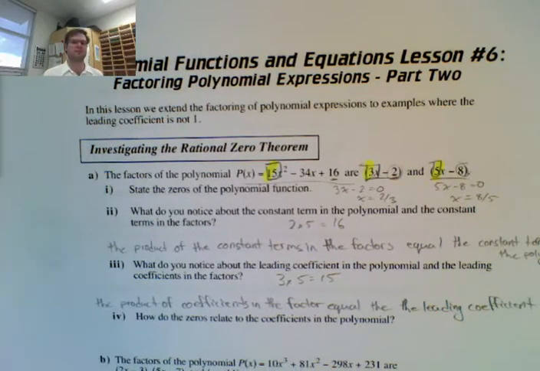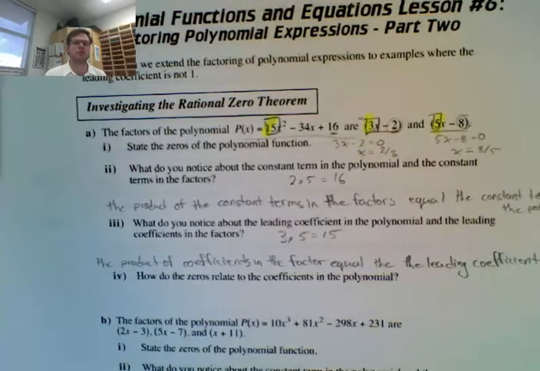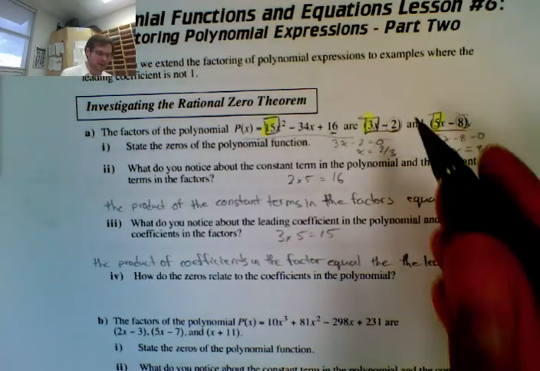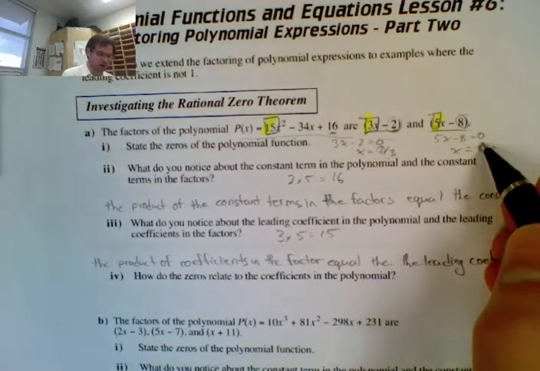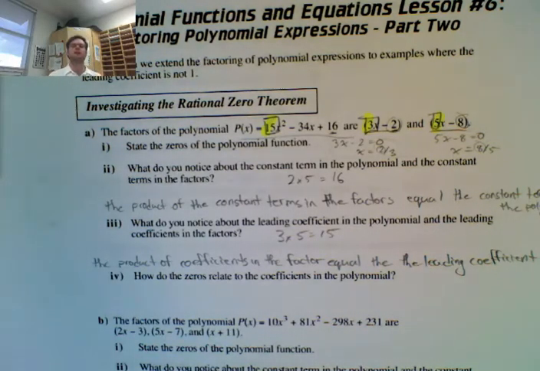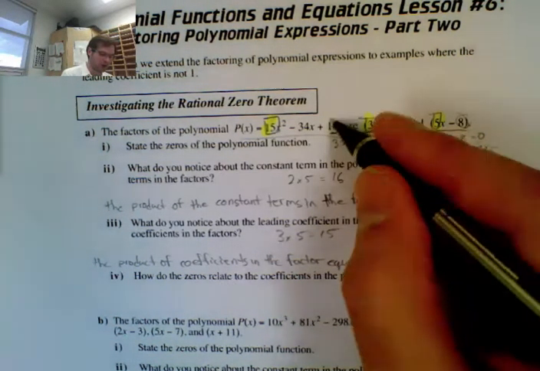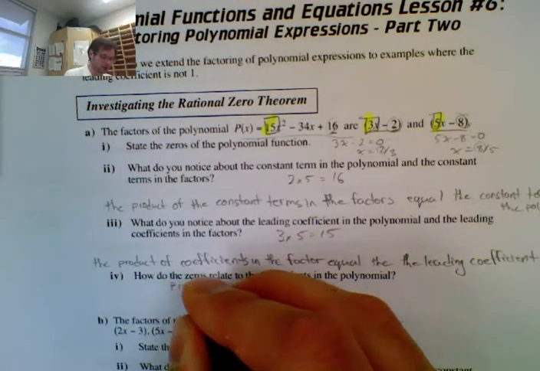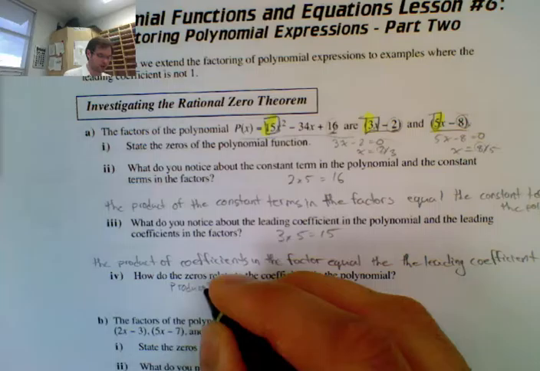Okay? So, how do the zeros relate to the coefficients in the polynomial? Now we're going to look at my zeros here. Basically what's happening is the product of my numerators is equal to my constant term.